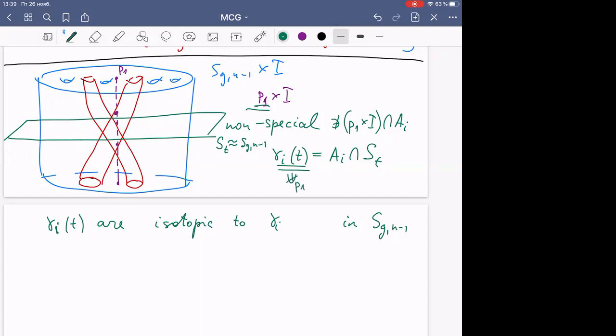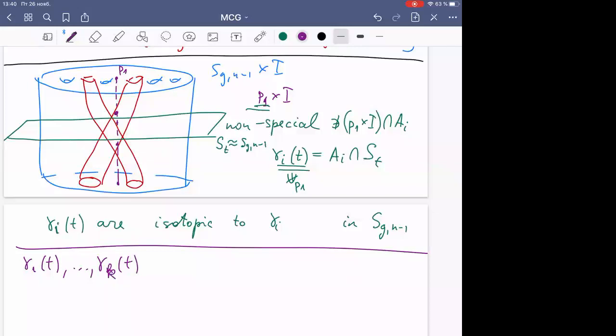So if we add this puncture P1, then we get a well-defined collection of curves on the surface S_{g,n}. So look, gamma 1 of t, gamma k of t can be regarded as curves on S_t with puncture 1 deleted, which is the surface with n punctures.